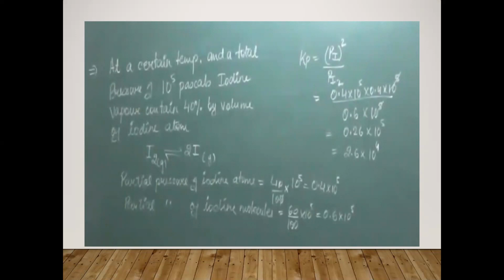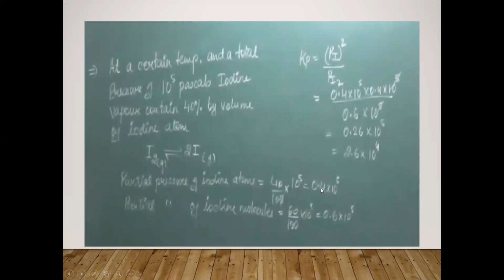So now we can calculate the value of Kp, that is the equilibrium constant in terms of pressure, which is equal to the pressure of product, that is iodine atom, upon the pressure of reactant, that is iodine gas. Clear? Here the stoichiometry is 2, so 2 will become the power, and here there is nothing, 1, so no power. The P of I means the partial pressure of iodine atom.